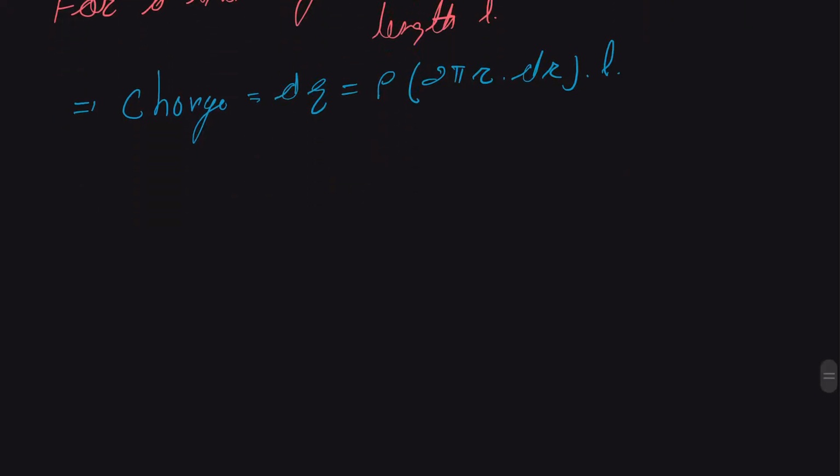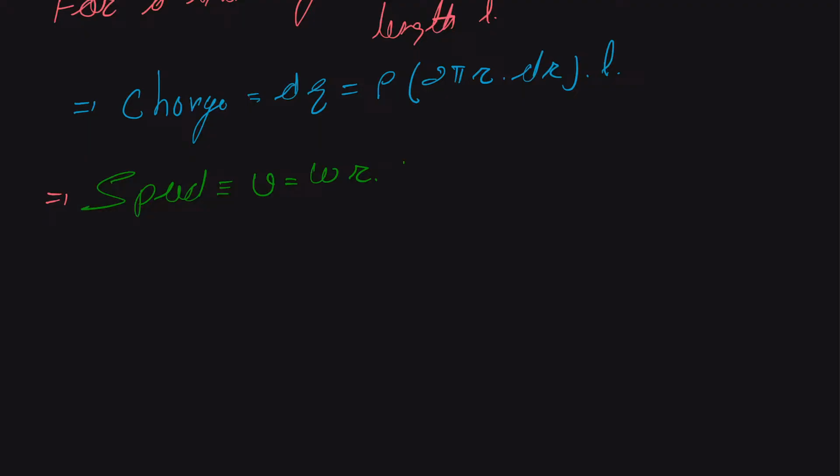From there we can write the linear speed. Therefore we can say that the speed v will be equal to omega times r.